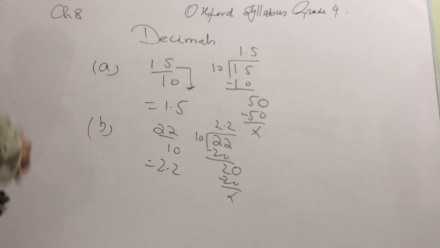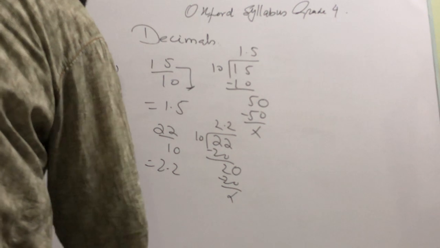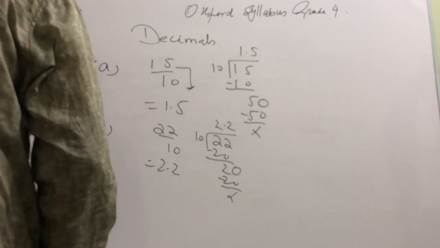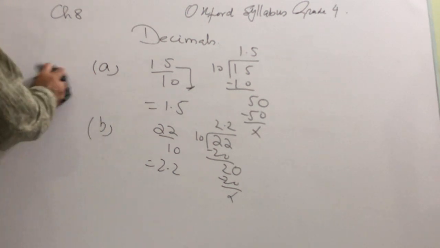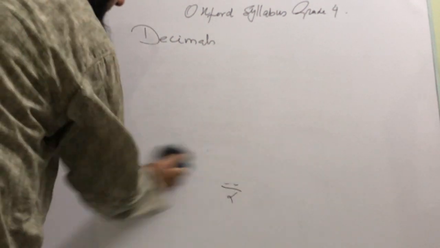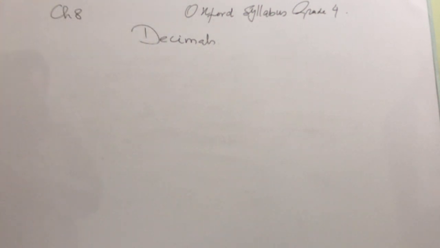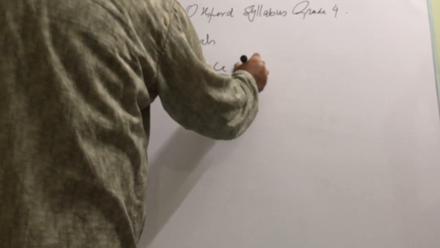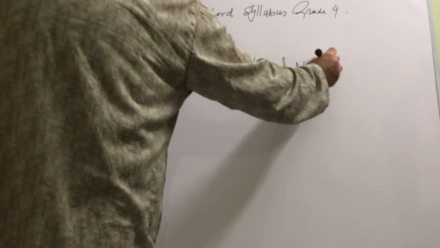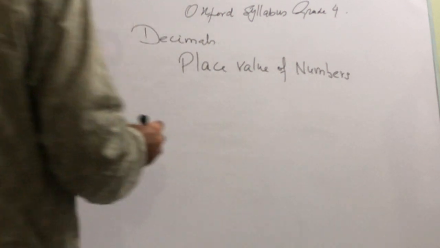Then we'll go to question number 11. Others are very small, of the same kind. Question number 11 is a different one. Here we need to define the place value of numbers.